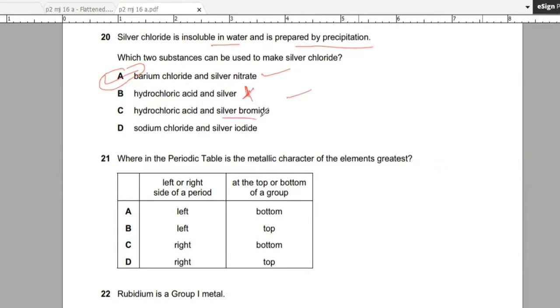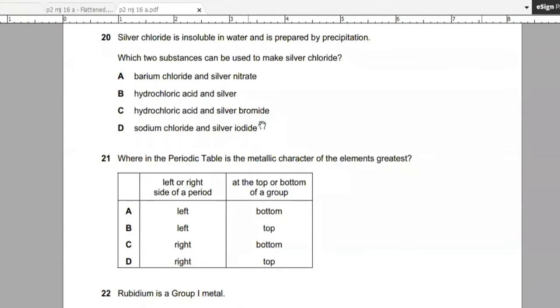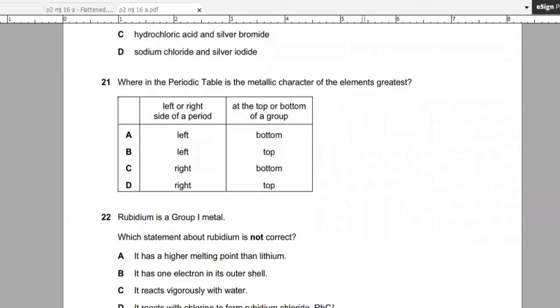Hydrochloric acid and silver bromide: bromide is less reactive than chloride, so the reaction cannot take place. Iodide is also less reactive than chloride, so no reaction takes place. So the answer is A. You might be seeing the halogen reactivity series: fluorine is more reactive, then chlorine, then bromine, and then iodine. I have taught you the displacement reaction, right? So the answer is option A.